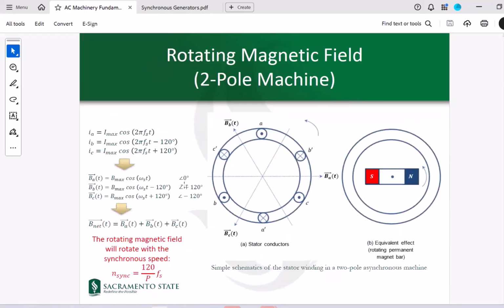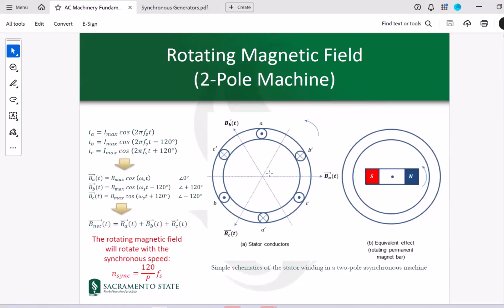We talked about the rotating magnetic field, like if you have a permanent magnet in here which you are rotating with a constant speed. The same effect can be made by having sinusoidal currents on the stator in three different phases.